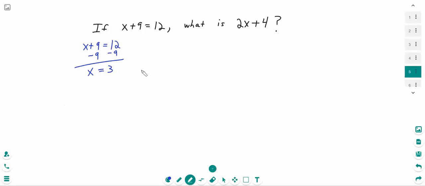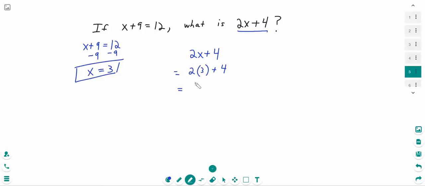Now, if x is equal to 3, what is 2x plus 4? Well, all that means is we are doing an evaluation problem. We're taking 2x plus 4, and we're evaluating it if x is equal to 3. Okay? So let's plug in a 3 for the x. So we throw in the 3. I'll just put an equals here.